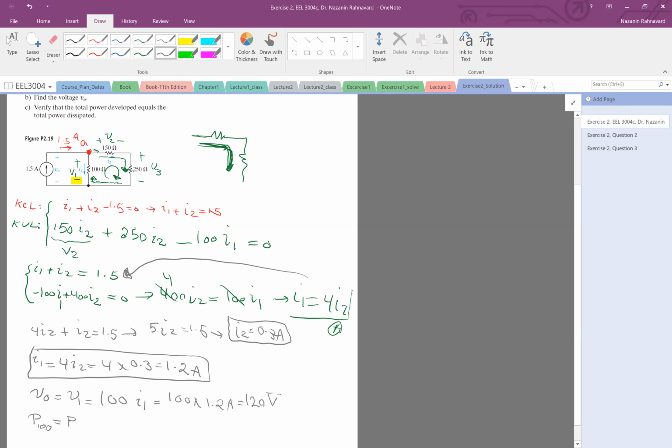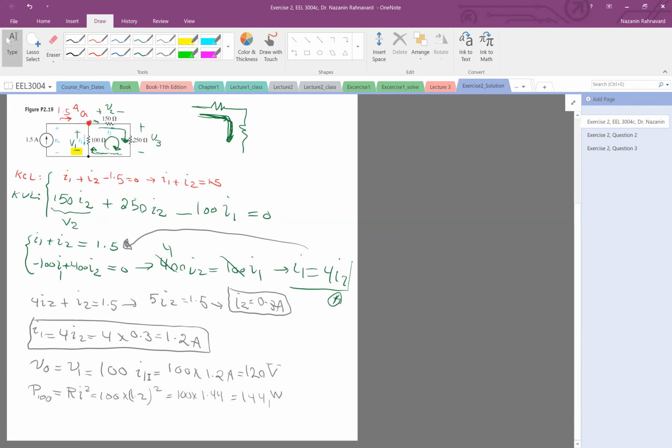I can use RI squared or VI, it doesn't matter. RI squared: R is 100, I1 is 1.2 squared, so 100 times 1.44, which is 144 watts.